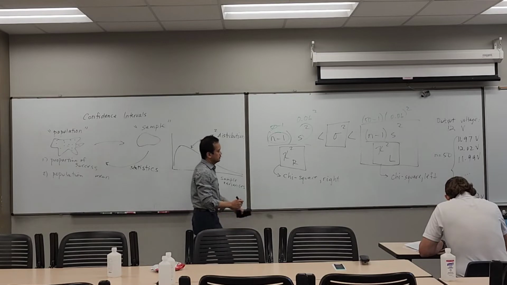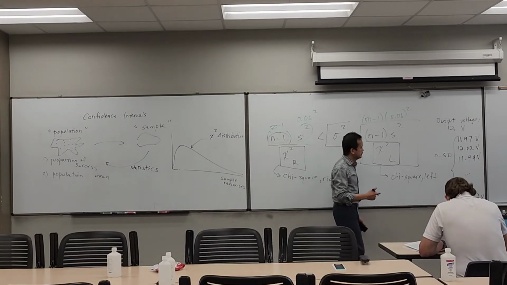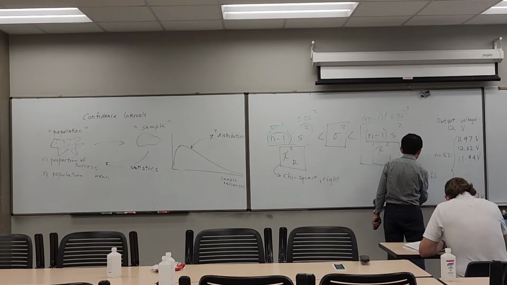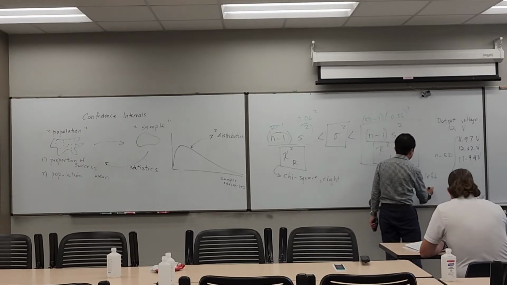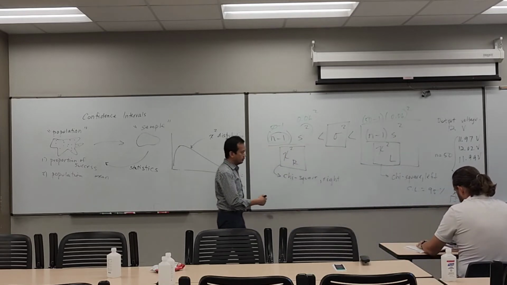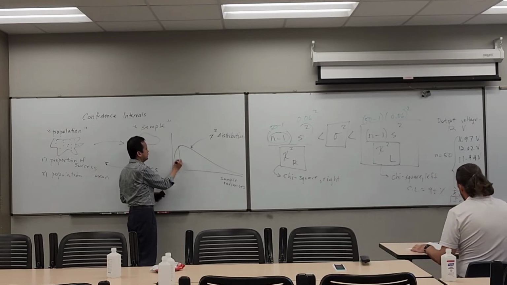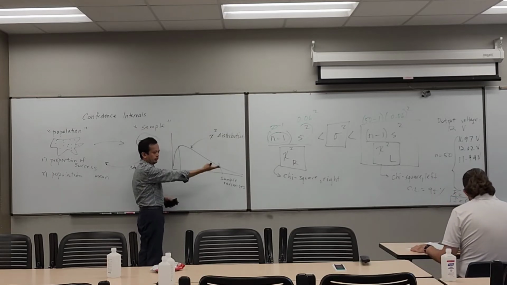So as with before, you're given a confidence level. So let's say the confidence level that you're given here is 95%. Just like before, visually, that represents a middle area around the distribution of that value.